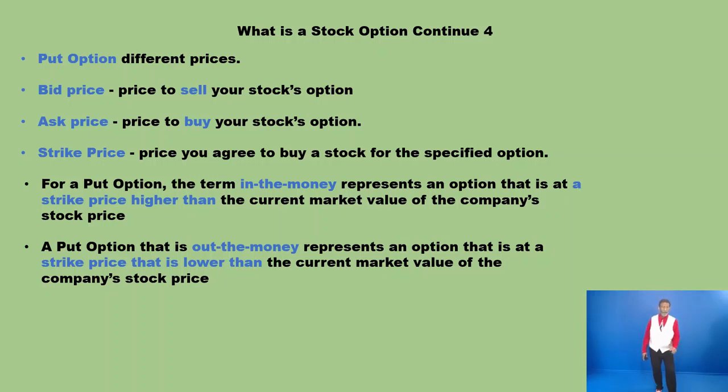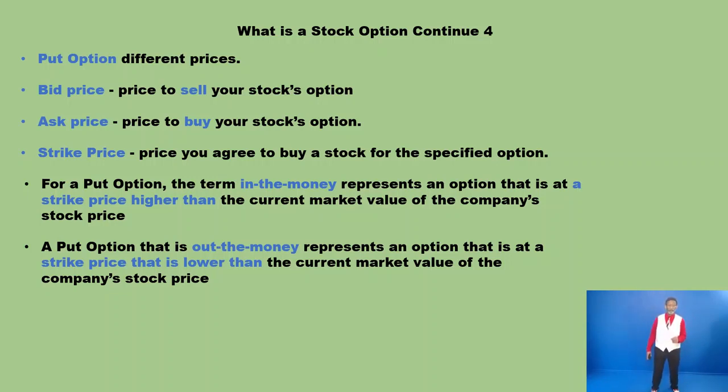Now, for a put option, the term in the money is a little different than the call option. That is, the strike price is higher than the current market price of the company's stock.